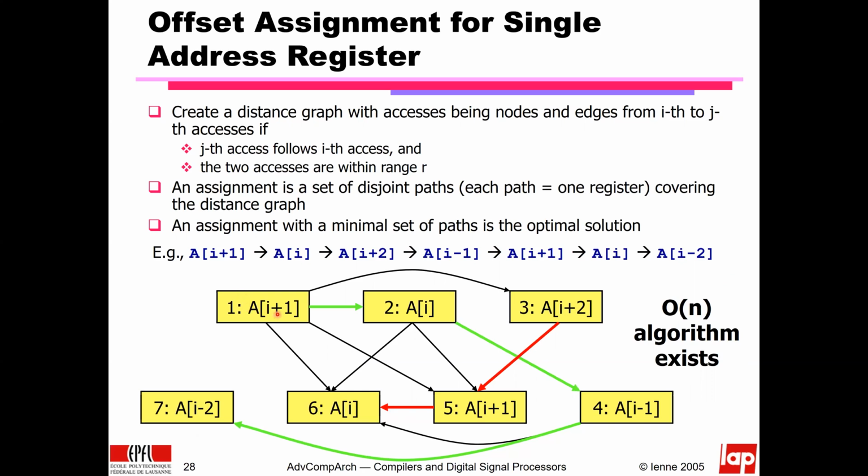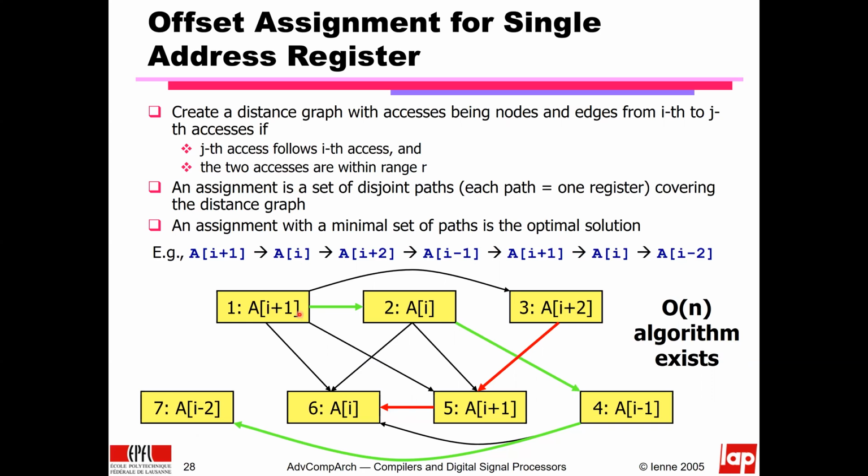So again, here, if we have the example of a single address register and a single array and a pure auto-increment and auto-decrement, the idea is to have these nodes that correspond to my successive accesses and have edges between the two of them when they can be performed with auto-increment and auto-decrement.